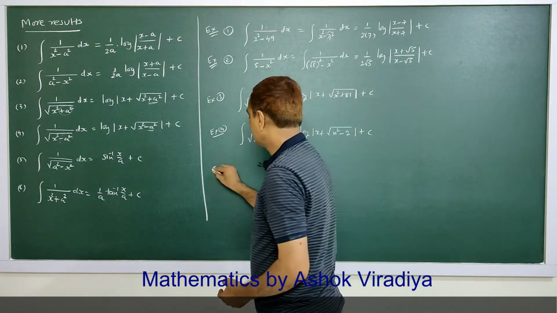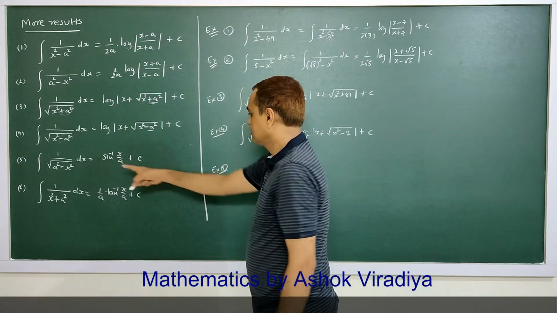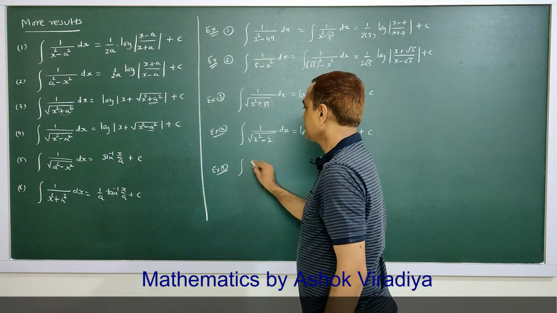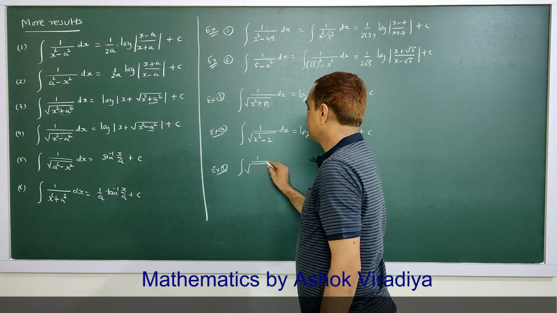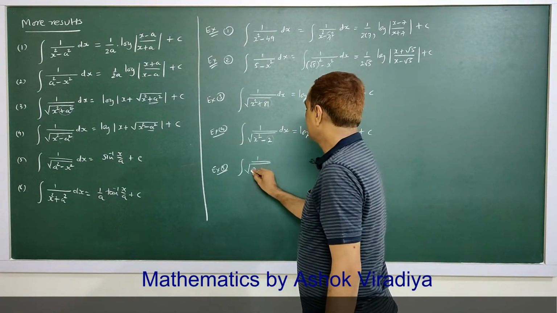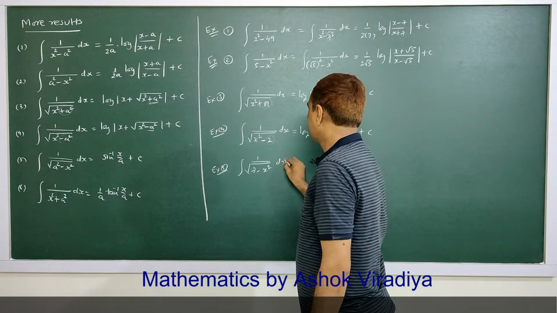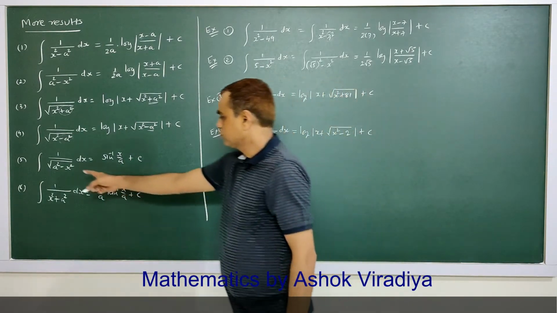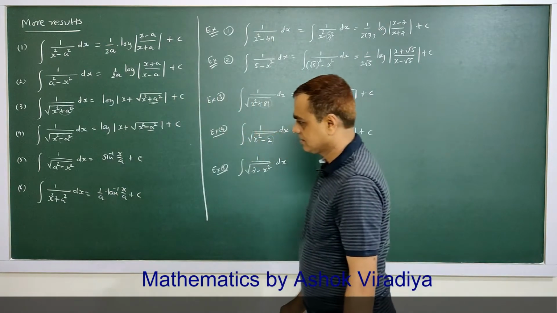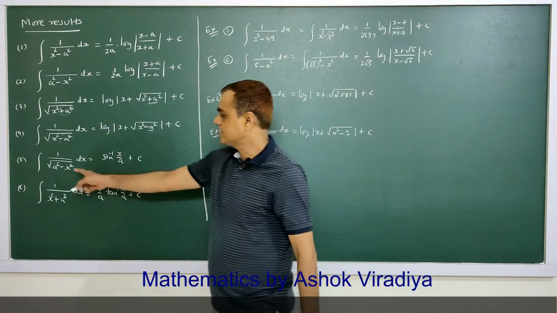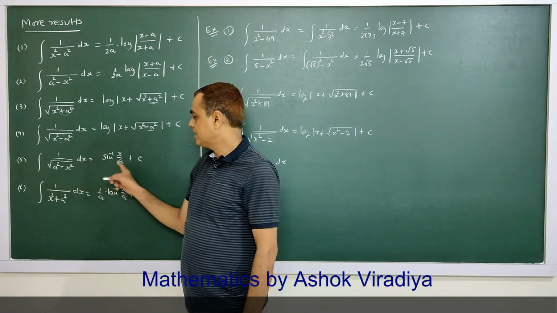Fifth result, 1 upon root 7 minus x square. Now say, this is a square and here it is a.